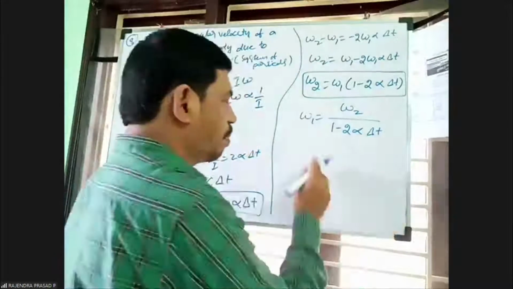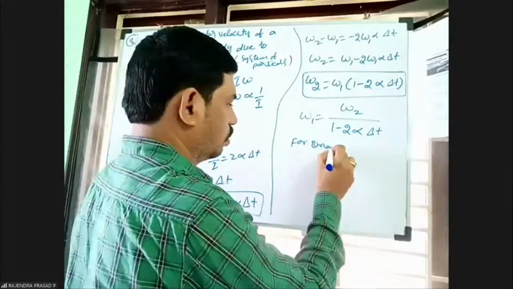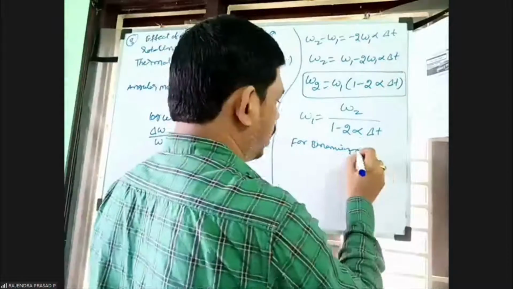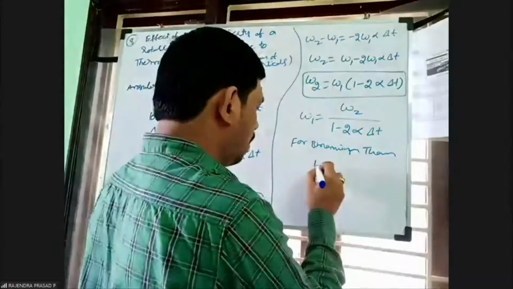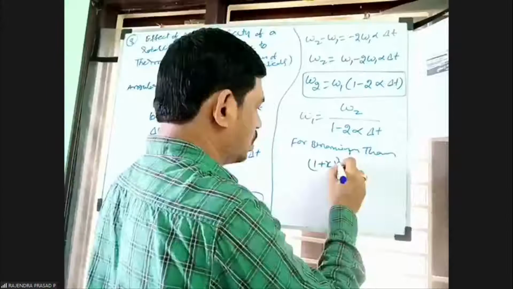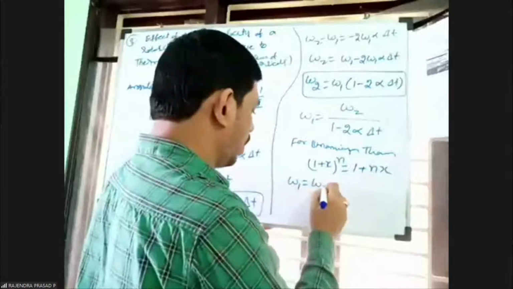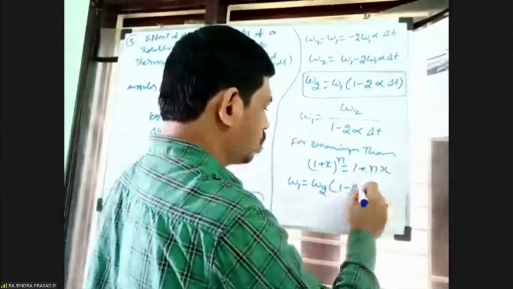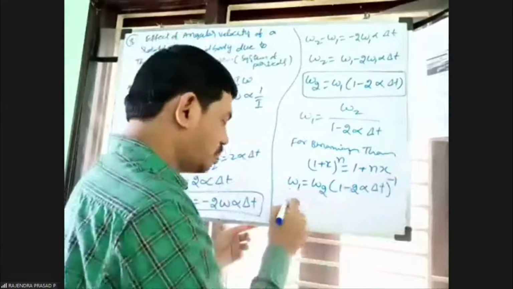For binomial theorem, 1 plus x whole power m is equal to 1 plus mx. Same way, omega 1 is equal to omega 2 into 1 minus 2 alpha delta t whole power minus 1. So minus minus plus.